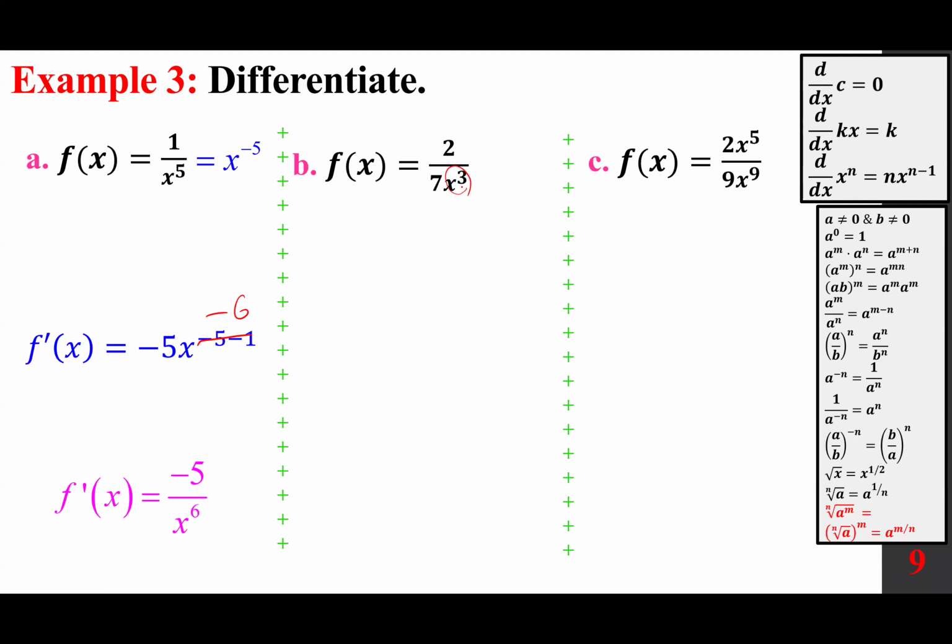We have to move this up to make it ready for the power rule of differentiation. So f prime is 2 over 7 times -3 x to the power of -3 minus 1.